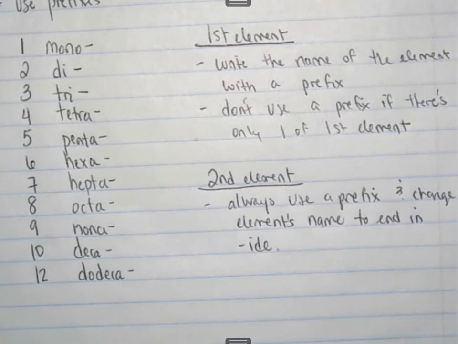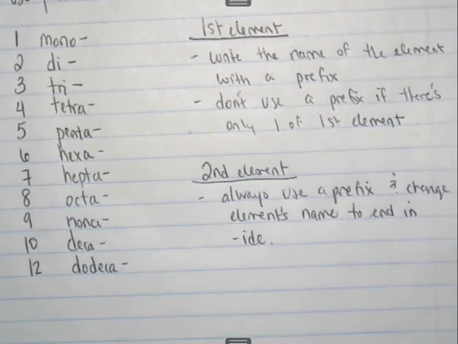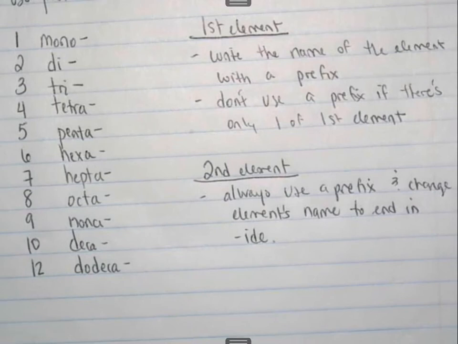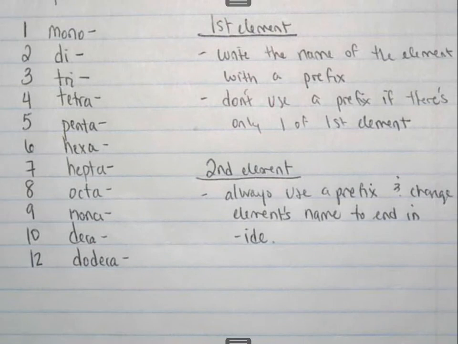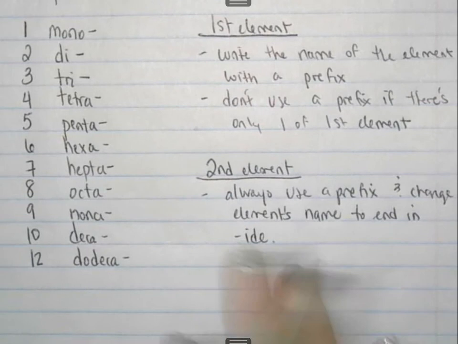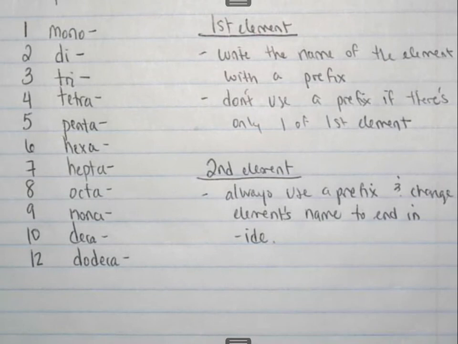So for the second element, always use a prefix and change the element's name to end in ide. Okay. So there's one little tweak to go to the second element, or even I guess to the first one possibly, and I'll explain that in just a minute. Let's use those rules. So let's name a couple of things.